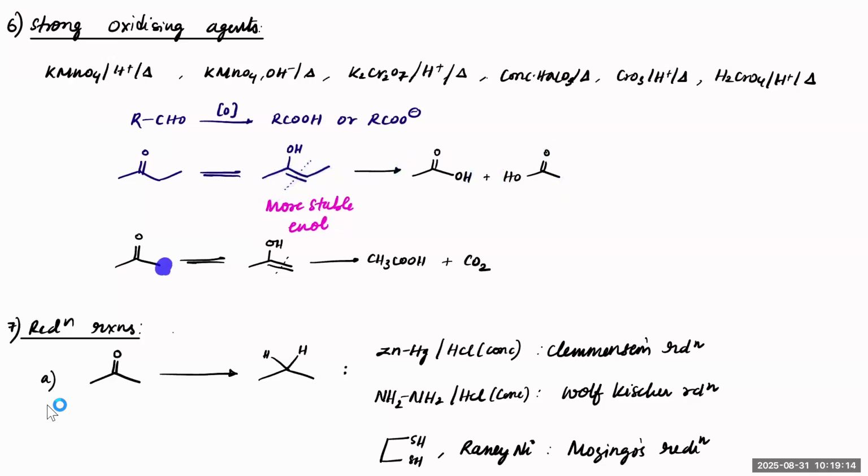If it is a single carbon, it will always convert into carbon dioxide. Done, beta? Okay. This is what happens with strong oxidizing agents. We will discuss the same in alcohols also, because alcohol oxidation will first convert into aldehydes and then convert into acids.